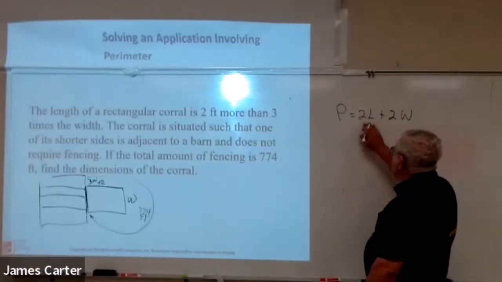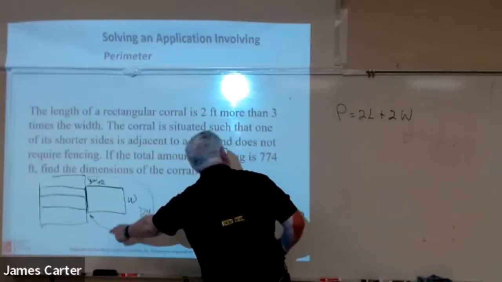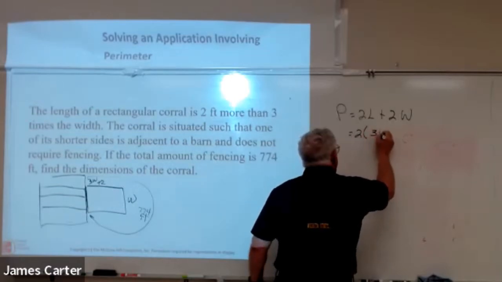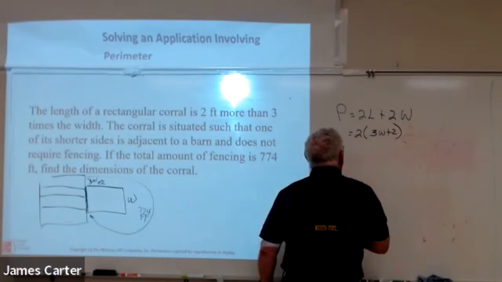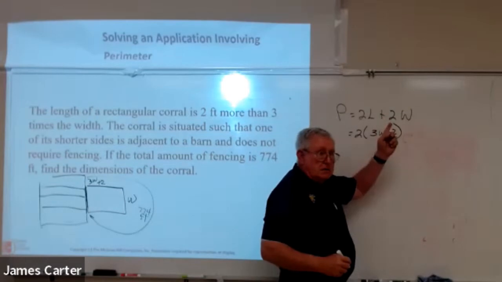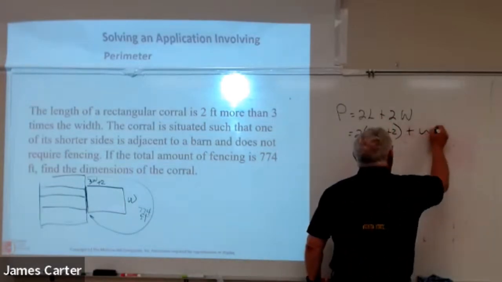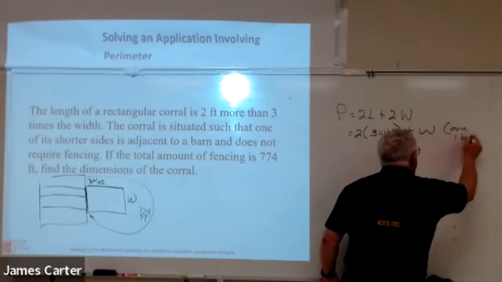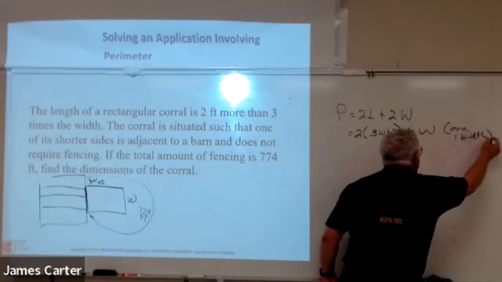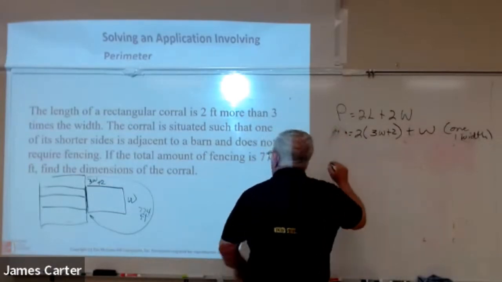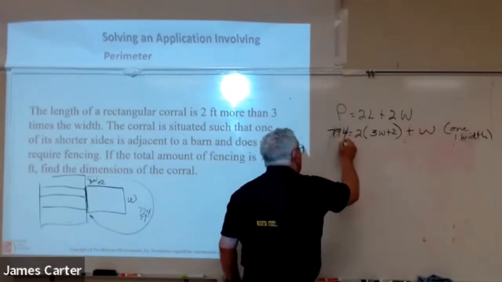We've got 2 lengths, this one and this one. So I've got 2 times 3W plus 2. But I've only got 1 width instead of 2. So plus W. So there's my formula, and they tell me that this is 774.